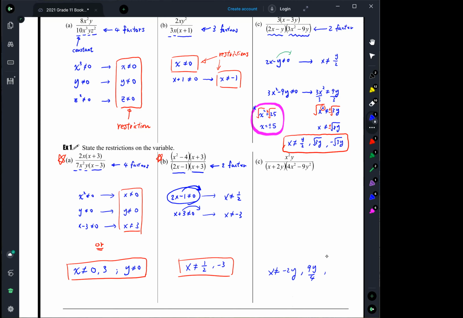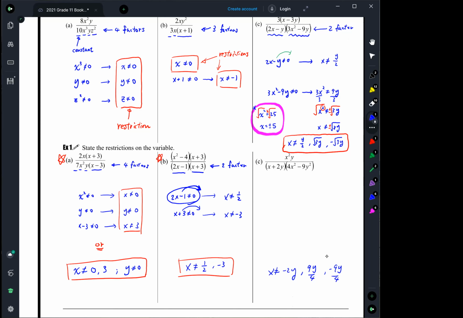Yeah, I only had 2. Okay. Jenny, how about you? Do you have anything different? No, I got the same, 2 restrictions. Oh wait, no, and negative 9y over 4. Yeah. Okay. Anyone else have different?